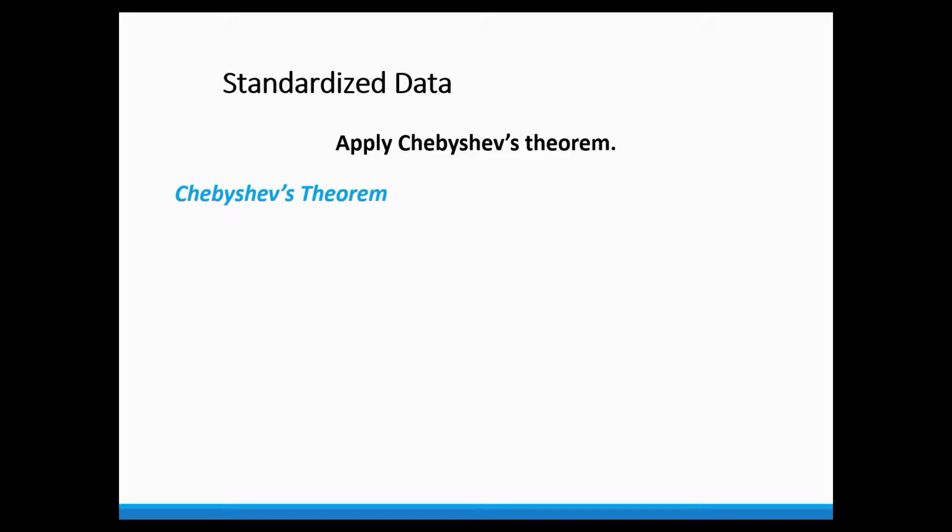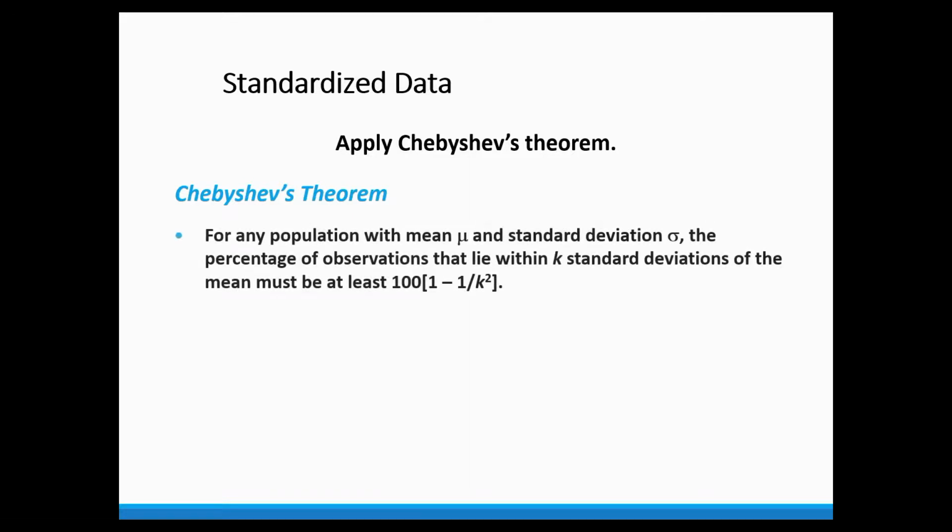Also, it's very important to understand Chebyshev's theorem. For each data set, we found that there is mu or x bar, and for the dispersion measure we have sigma or s.